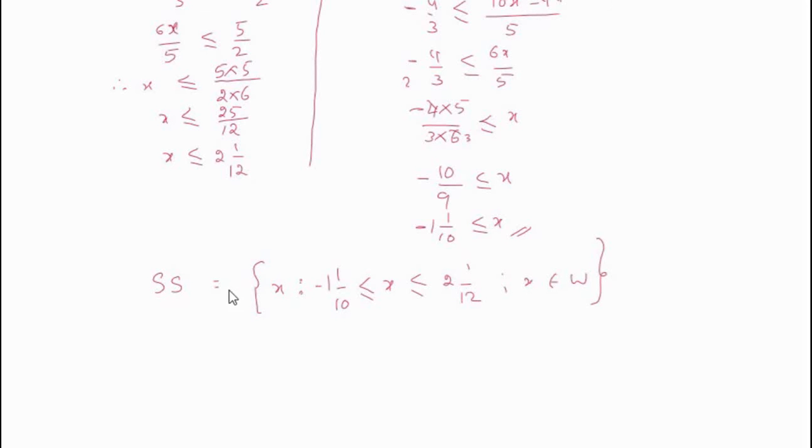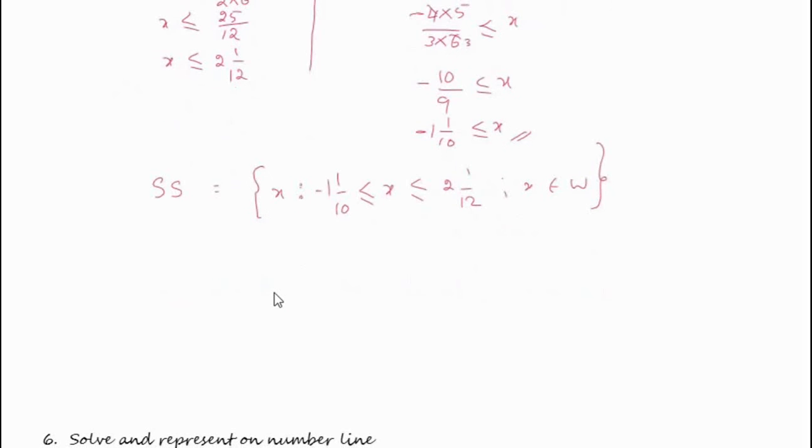So x belongs to W means the solution here will be discrete. Let us see how it looks on the number line.